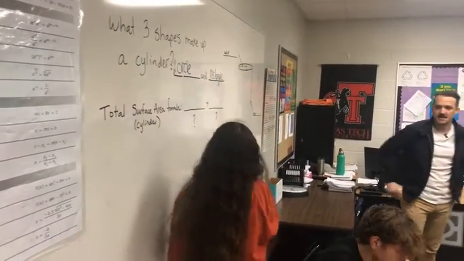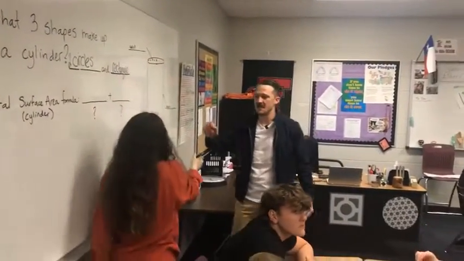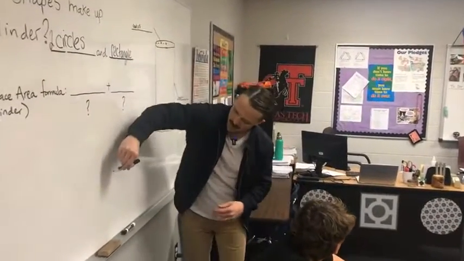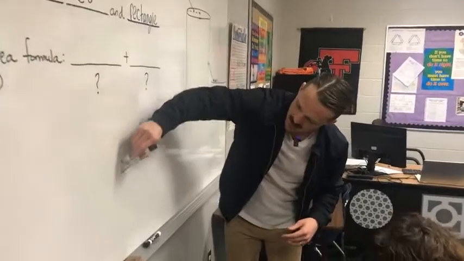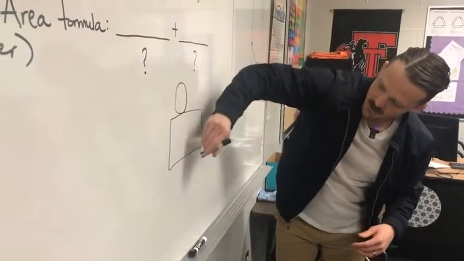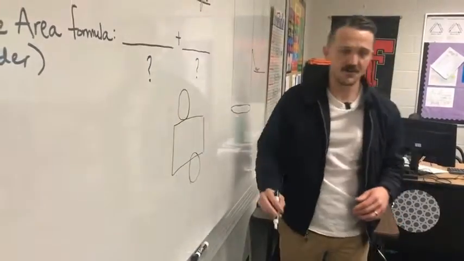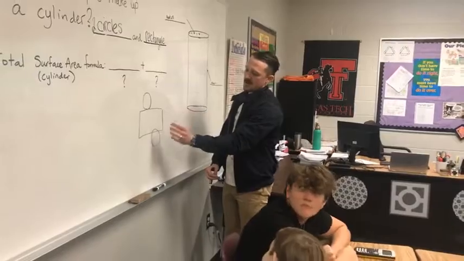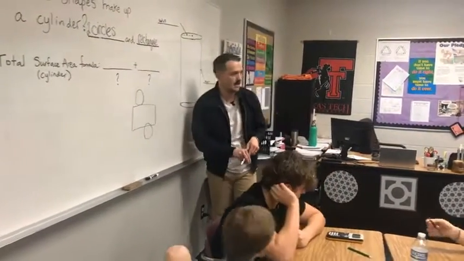There you go, right? Because when we break it up, we had an assignment on this, but when we cut up the cylinder, at the end of the day, it is that rectangle and then the 2 bases, those 2 circles. So we are asked to find both the area of the circles and the area of that rectangle.